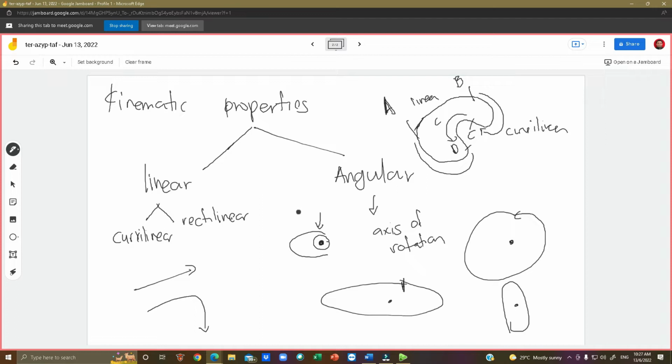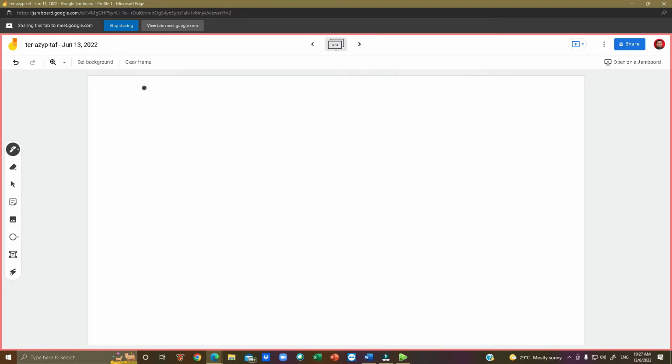Okay. Now, for both linear and angular type of motion, there are three different properties which we can describe under kinematics. One is displacement, where we talk about change of distance.